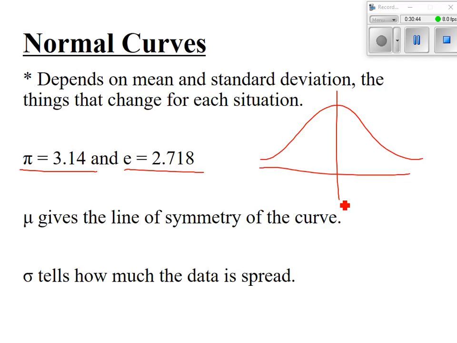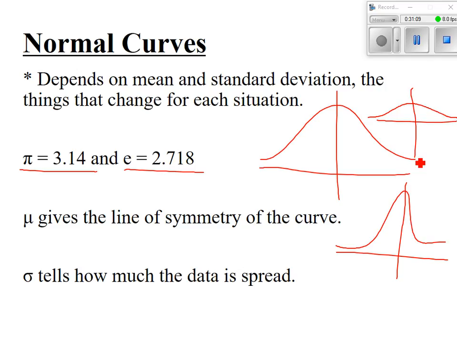And the sigma tells how much the data is spread out. So again, sometimes you'll have a normal curve that might look like that, where the data is all close together. Sometimes you'll have a normal curve where it's more spread out. Other times it may be really spread out, and it'll be a real low curve.